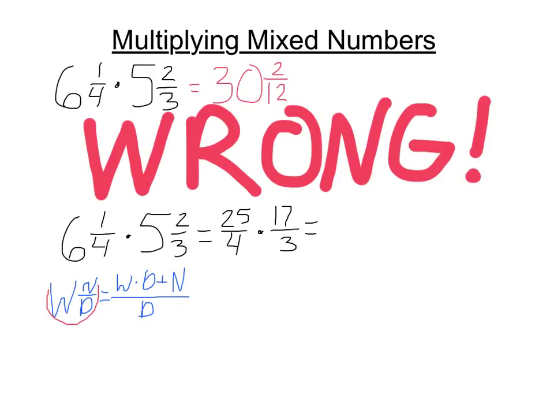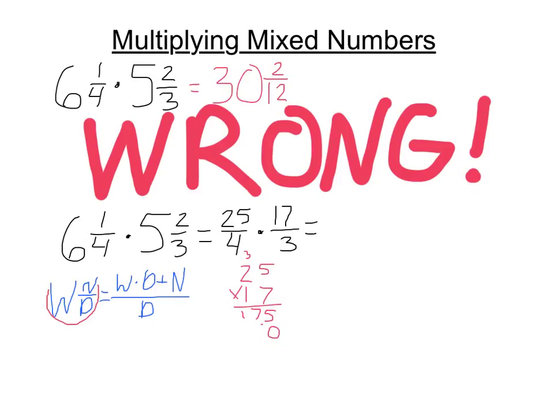25 times 17, chances are we're going to need to do a little scratch work there. So down here we'll do 25 times 17. 7 times 5 is 35, carry the 3. 7 times 2 is 14, plus 3 is 17. Put a 0 down as a placeholder. And, well, 1 times anything is itself.